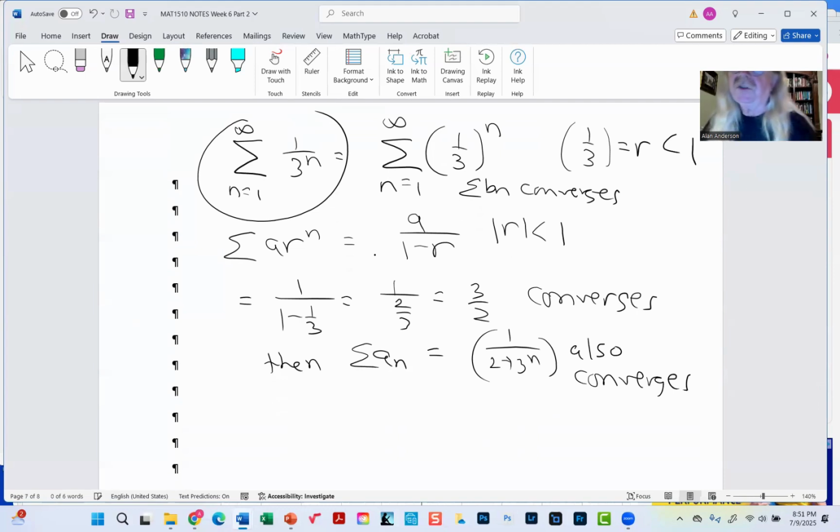Now, we don't necessarily know what it converges to, but we do know that it converges.